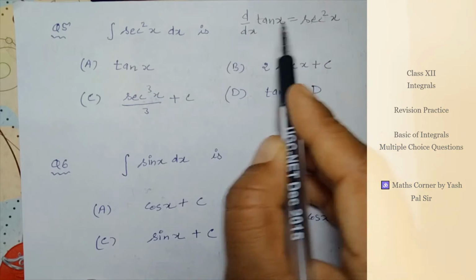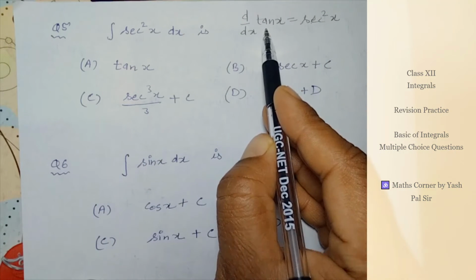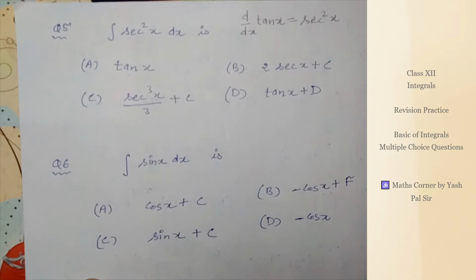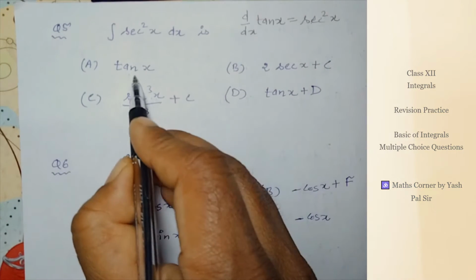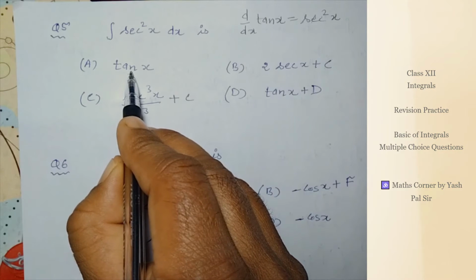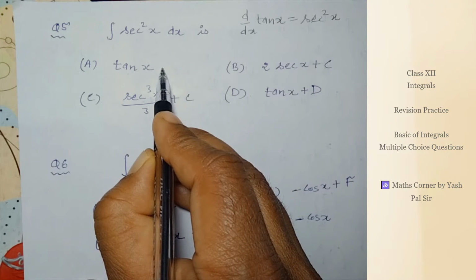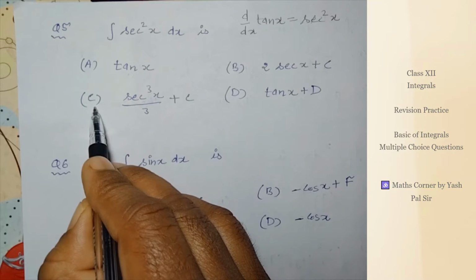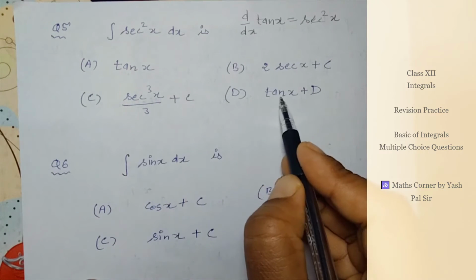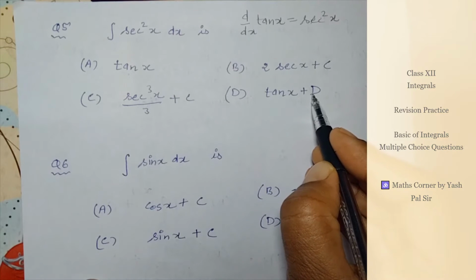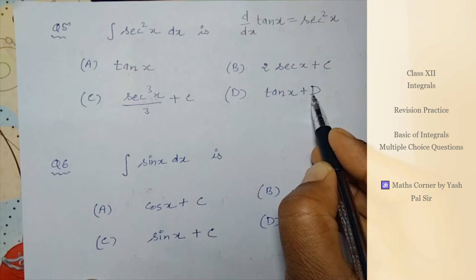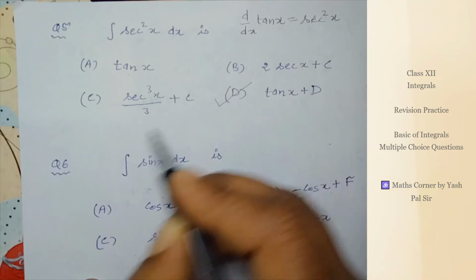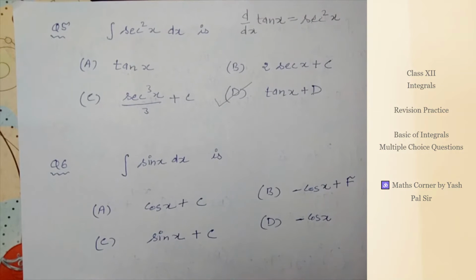So integration of secant square x is tangent of x plus the constant of integration. Here in option number A, the constant of integration is missing. This is not right. Option C is also not right. In D, the constant of integration in place of C is written as D. There is no problem. We can write this way also. So option number D is the right choice.